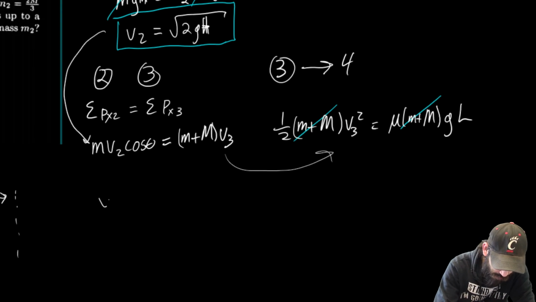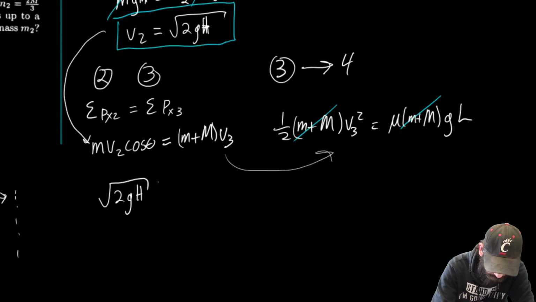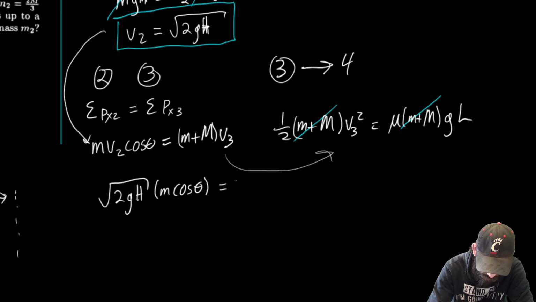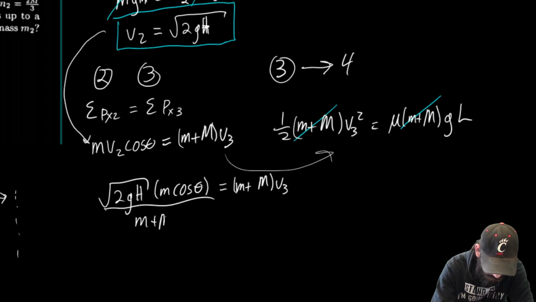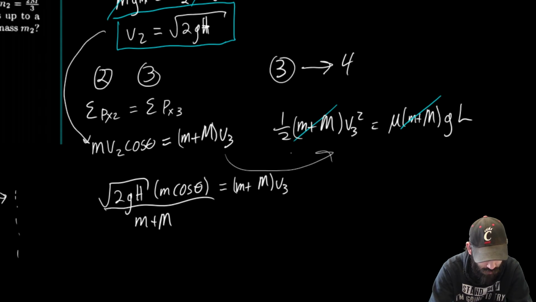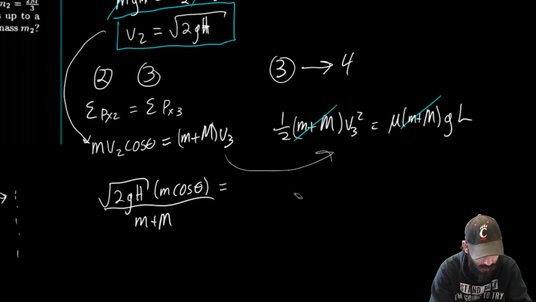This is going to be square root 2gH times m cosine of theta is going to be equal to (M plus m) times v3. So we can take this M plus m and move it over here. Then we have v3 is going to be equal to this.